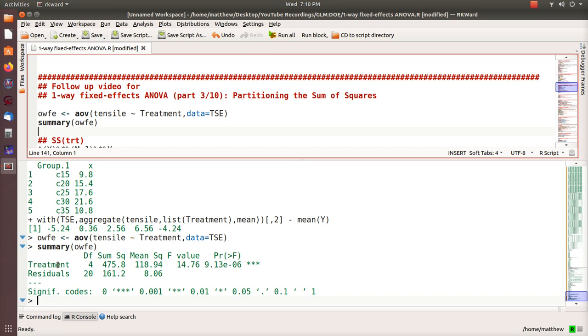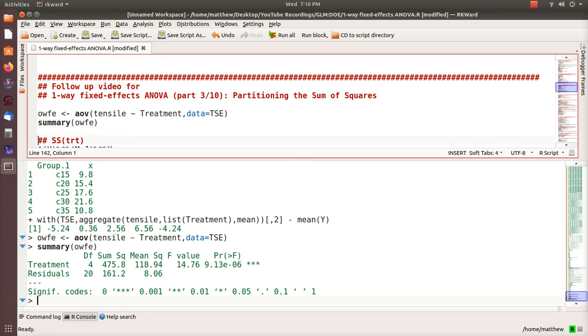So we have a treatment, there are 5 treatments: 15% cotton, 20%, 25, 30, and 35% cotton in each fabric. And then we experiment with the tensile strength, we test it. We have residual sum of squares, and what this video is about is we're going to show how to calculate the sum of squares treatment and sum of squares residual, often called sum of squares error.